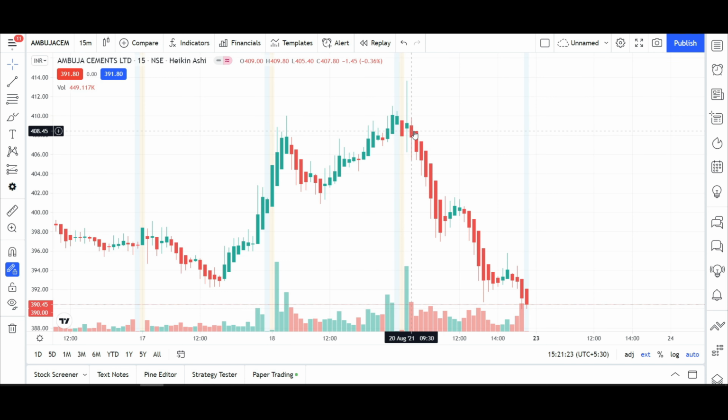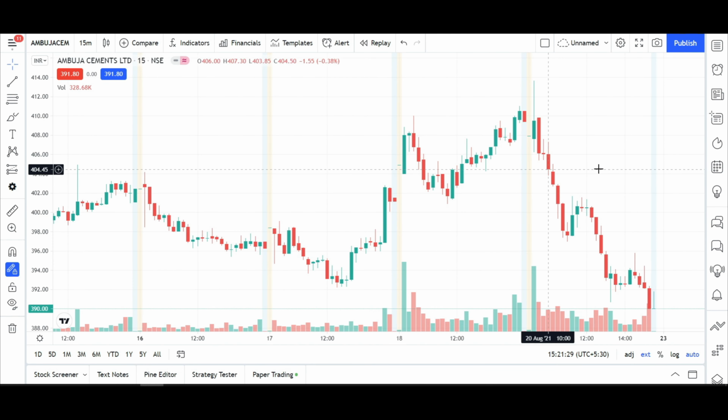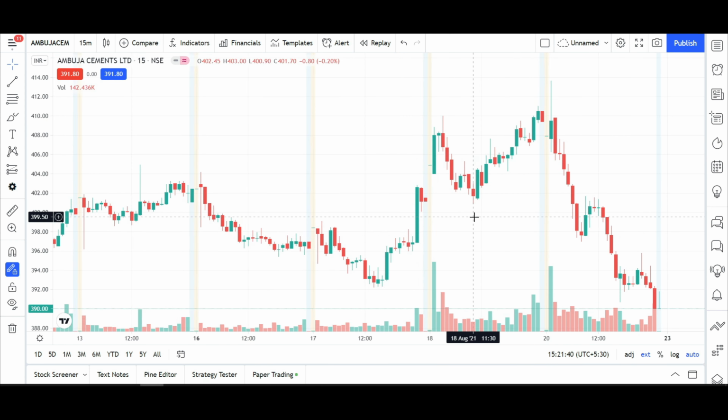But in a normal, traditional Japanese candlestick chart, there is no relation between the candles. Each candle is independent and indicates a different trend.